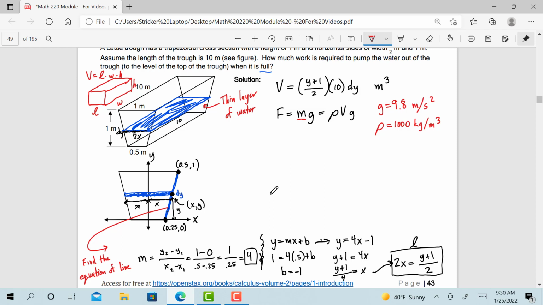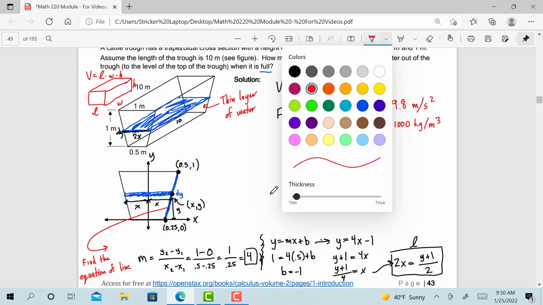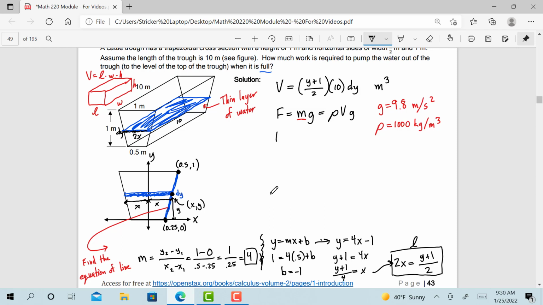So we got that, and we know our volume. So basically then we know our force, right? The force is equal to our density, which is 1,000, times g, which is 9.8, times our volume, which is y plus 1 over 2 times 10 times dy.